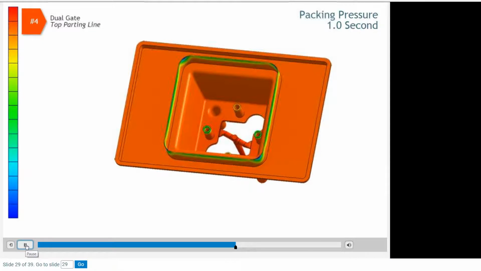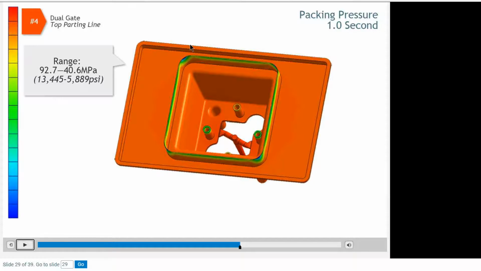The final example with the dual gates shows a more even pressure distribution inside the cavity. Here, the range is from a high of 92.7 to a low of 40.6 megapascals. Much more narrow pressure range. And why is that? It is a lot more uniform in the fill pattern.